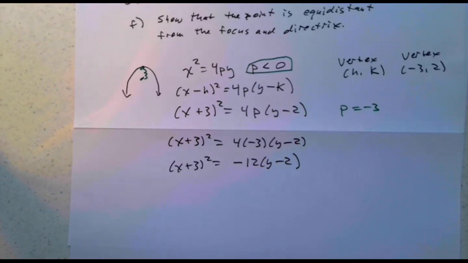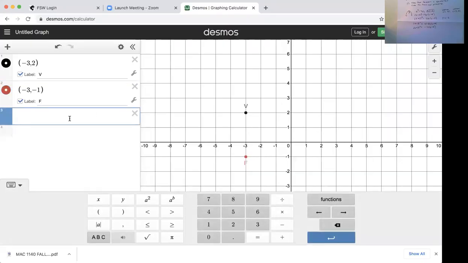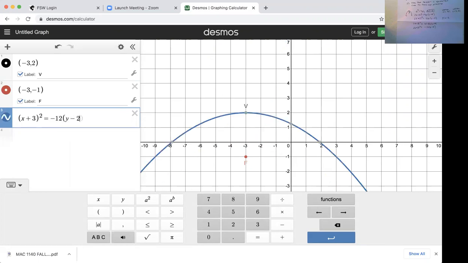We have not determined the axis of symmetry, but we'll get that here shortly. So let's go back here. We believe that the following is our equation of the parabola: (x plus 3) squared equals -12 times (y minus 2). And the p-value we had was -3.